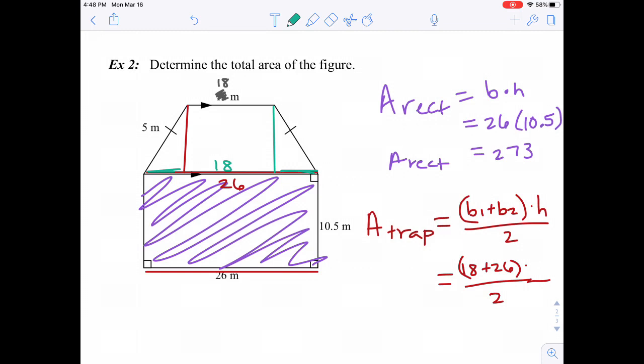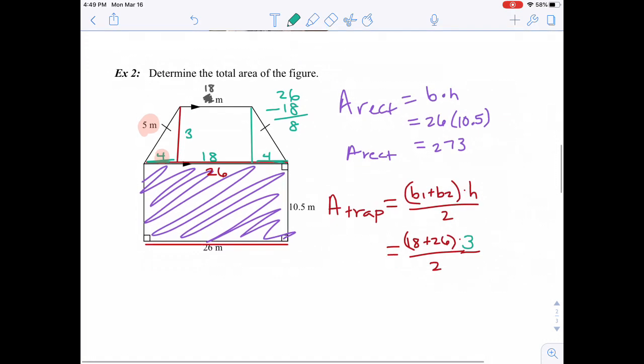We don't always know that those parts are going to be the same, but because this is an isosceles trapezoid, we do know that those 2 legs are the same. So if I take my 8 that's left and I split it evenly into 2 parts, I have 4 and 4. The nice thing is I see that I actually have a 3, 4, 5 triangle here. So I now know my height is 3.